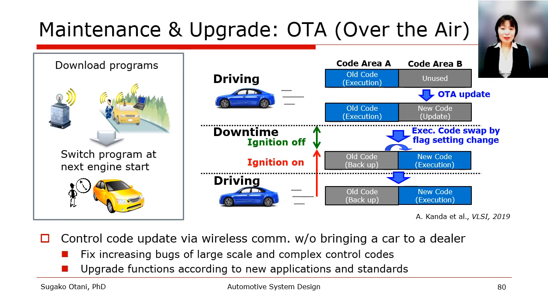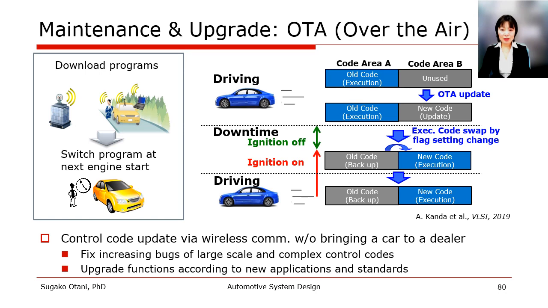Recently, control codes stored in MCUs are getting more and more complex and large scale. Therefore, shipping a car free from a software bug is challenging. Furthermore, control code can be updated for performance improvement and upgrading functions according to new applications and standards.